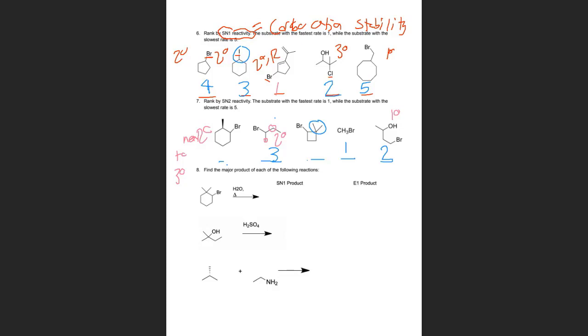And so we'll say this is automatically going to be 5, and this is going to be 4. So based off of these two groups right here, we know this one is going to be less reactive because it is a secondary next to a tertiary, while this group has a secondary next to a primary and next to a secondary. So it's not as sterically hindered as being next to a tertiary group.